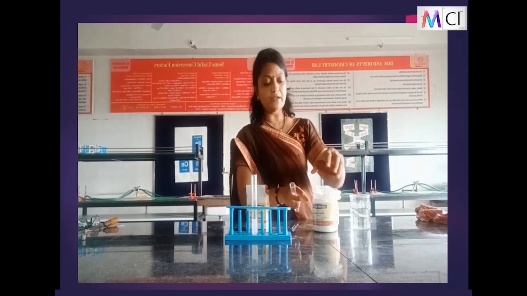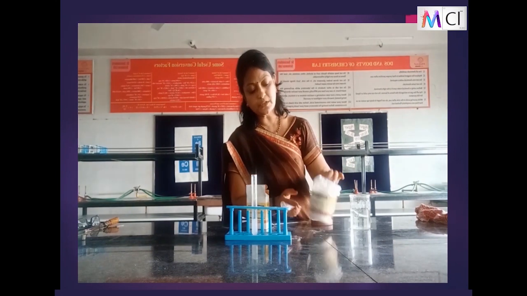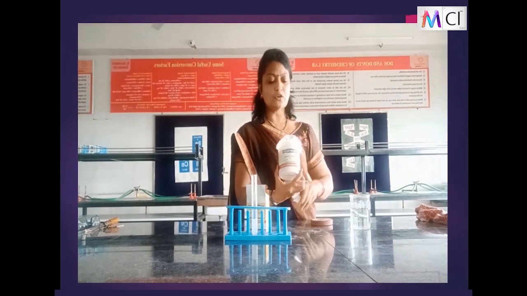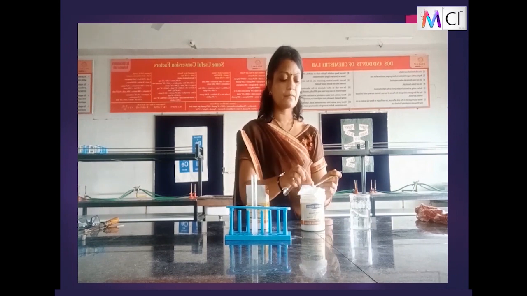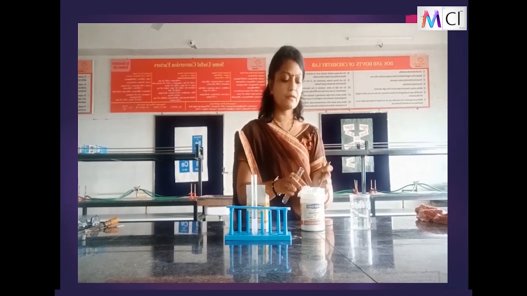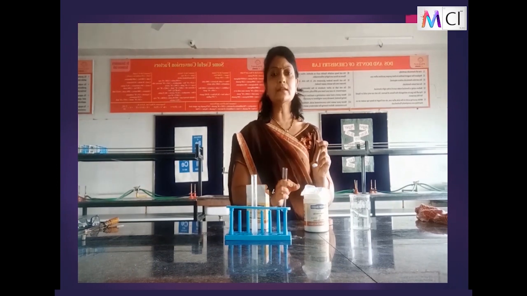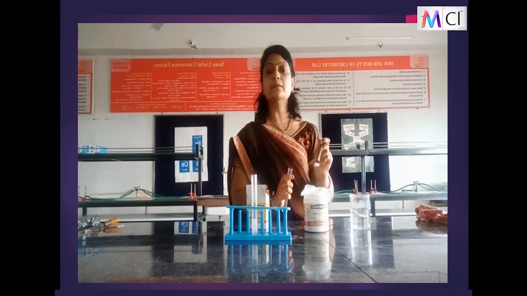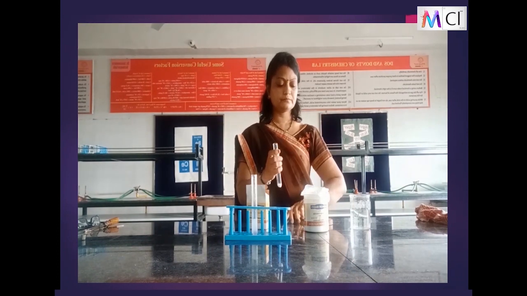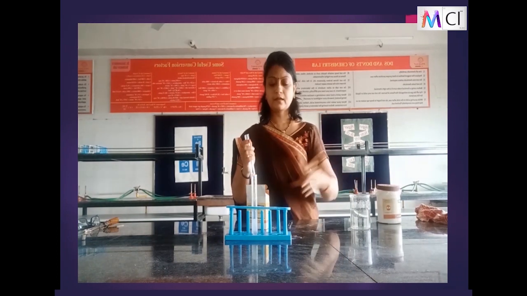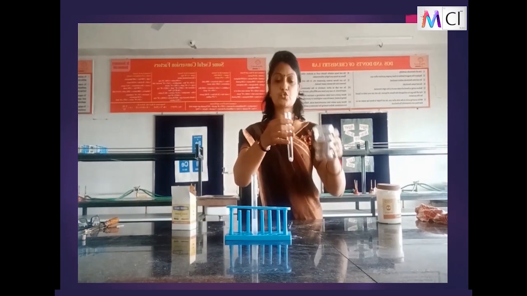Other one, I have barium chloride. Can you observe, children? This is the barium chloride salt. I'll show you the color of it. It is a crystalline white color salt, barium chloride. I'll take it in the test tube and again make a solution of it.